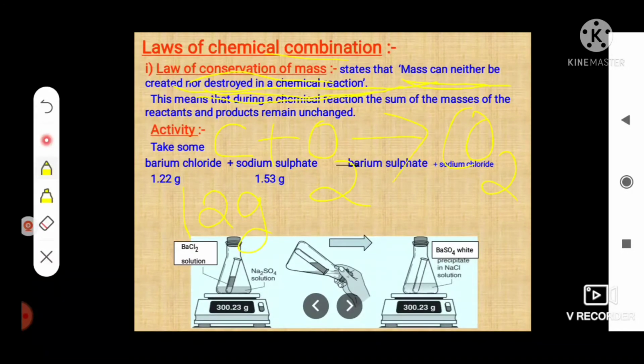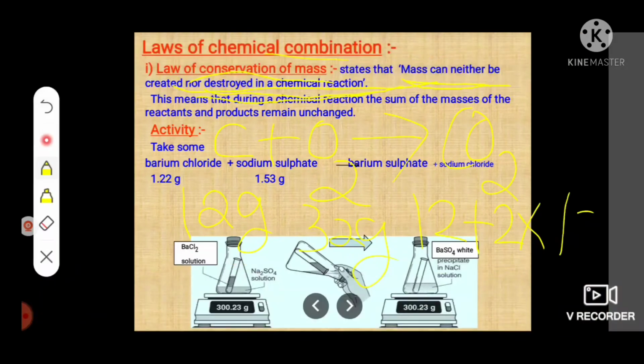The atomic mass of oxygen is 16, and there are two oxygen atoms, so 2 into 16 is equal to 32 gram. Then carbon dioxide has a mass of 12 plus 32, that is 44.